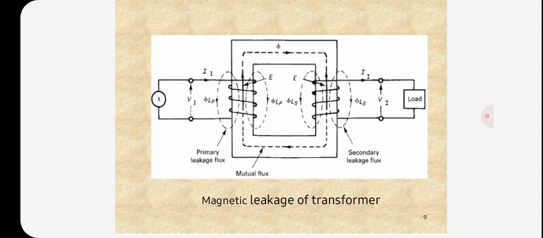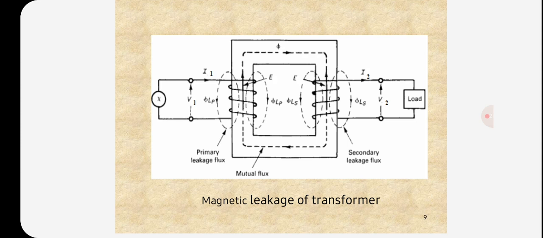The leakage fluxes induce self-induced EMFs in their windings, which oppose the flow of current in their respective windings. Therefore, the primary reactance can be obtained by dividing the self-induced EMF by the primary current, and the secondary reactance can be obtained by dividing the self-induced EMF by the secondary current.